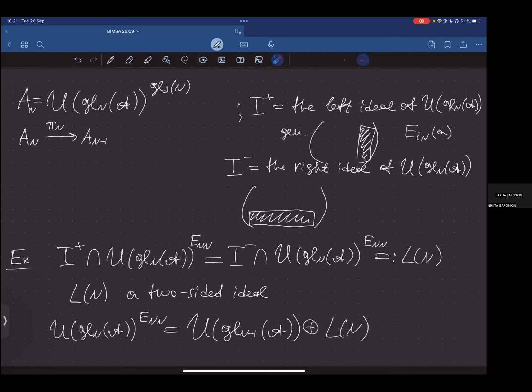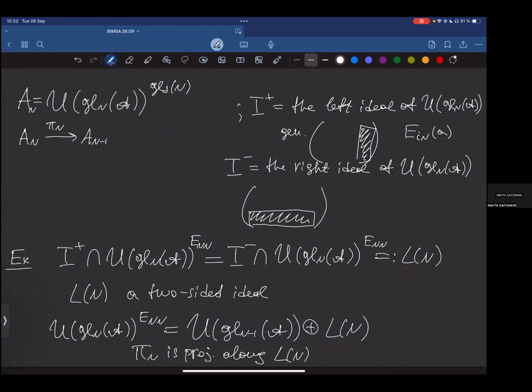It's not very difficult because this part is absolutely obvious: if we have some smaller matrix, then it must commute with the last matrix unit, and the remaining part is this L_n. And in fact, this P_n, our projection, is going to be the projection along this two-sided ideal. Since L_n is a two-sided ideal, this P_n is a morphism of algebras.